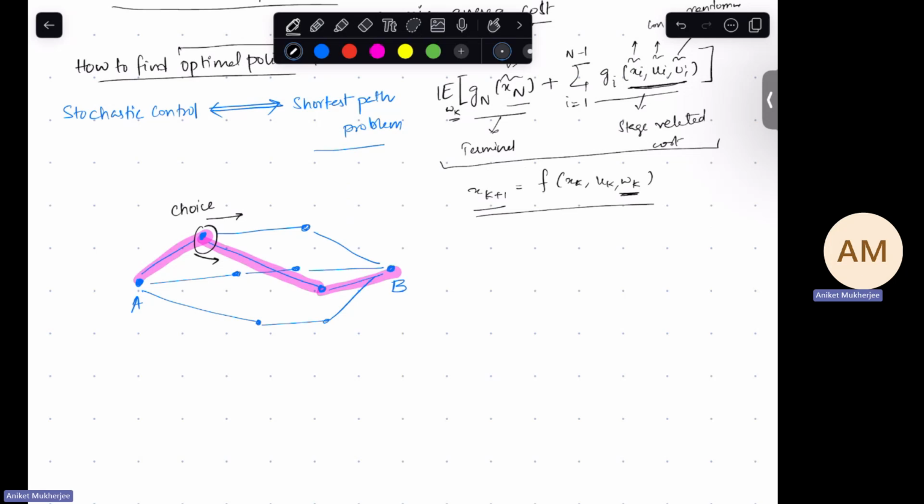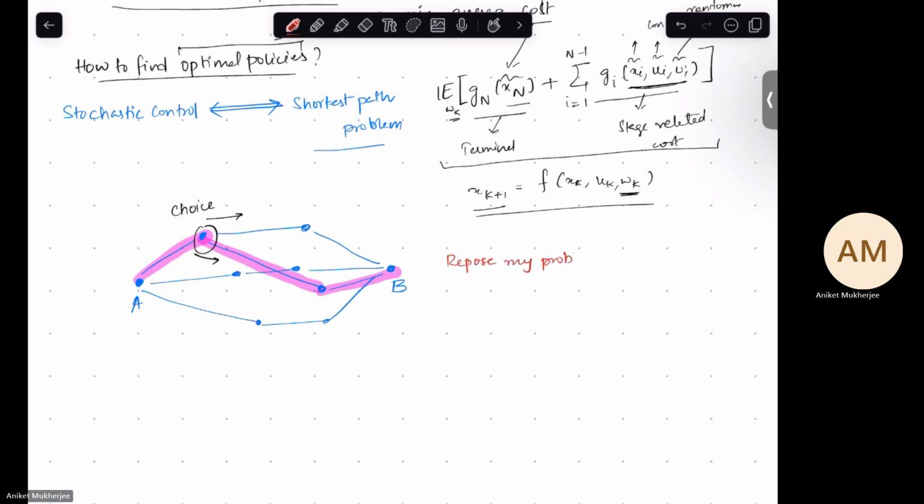Now, if I repose my problem and I call this new node C, my new problem is: what is the shortest path from C to B?